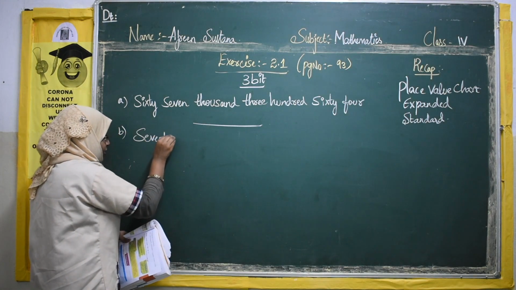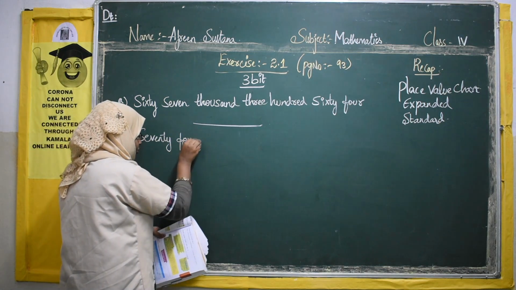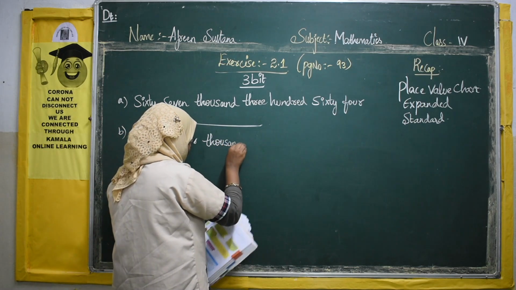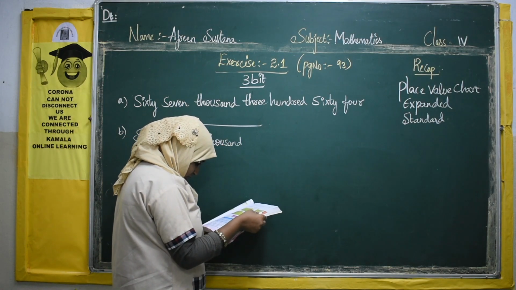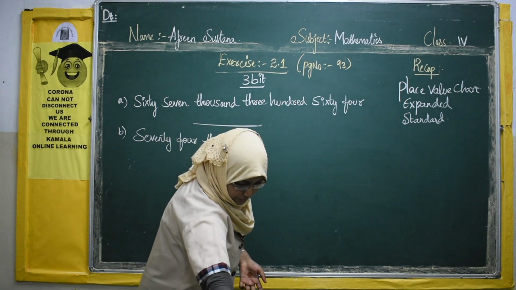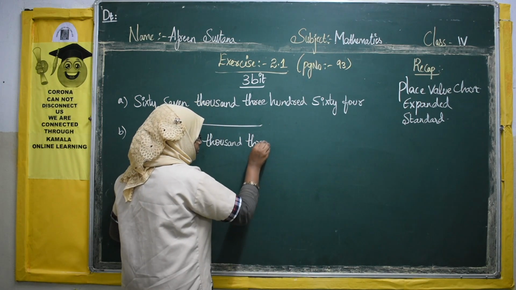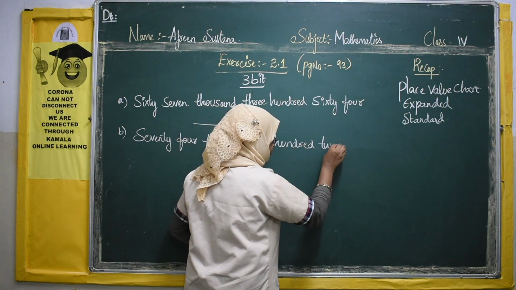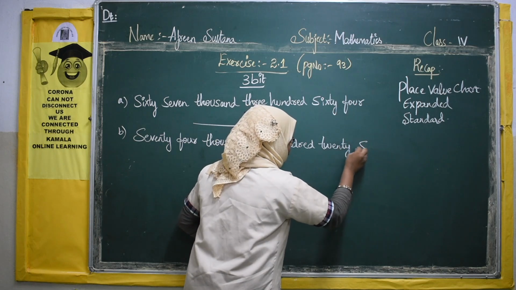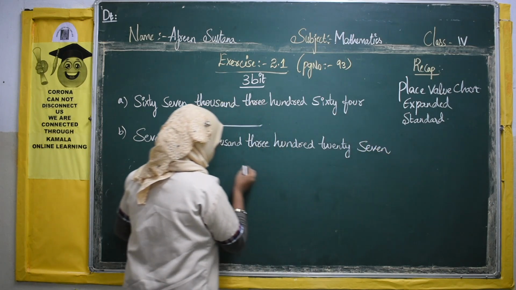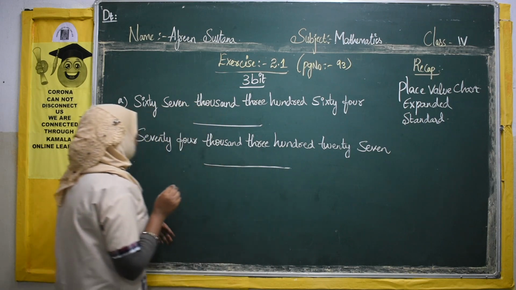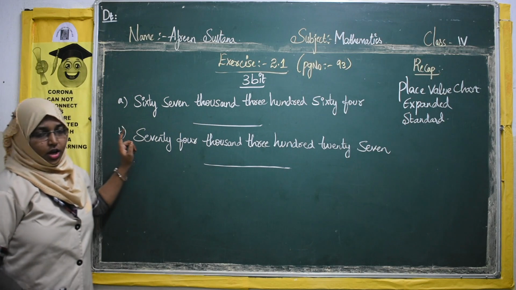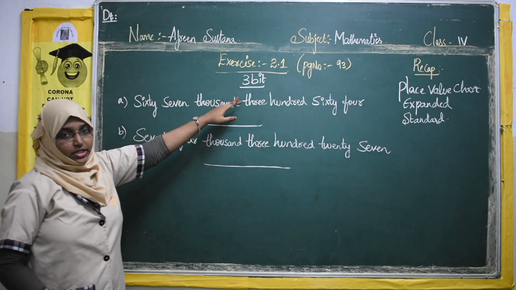Next is 74,000. 327. Yes, see first one, 67,364. So first before writing we will see which is the highest place.